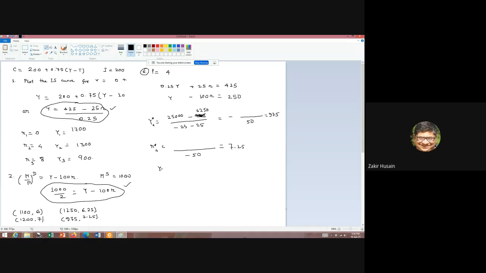Okay, so what can be the mechanism for this? We see that Y is falling and R is increasing.